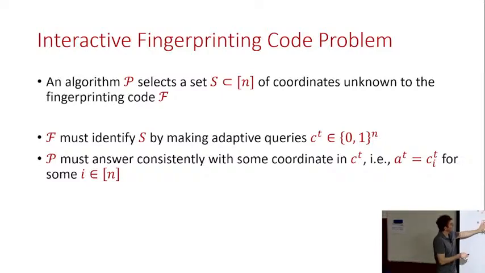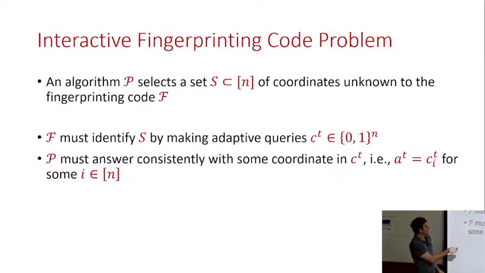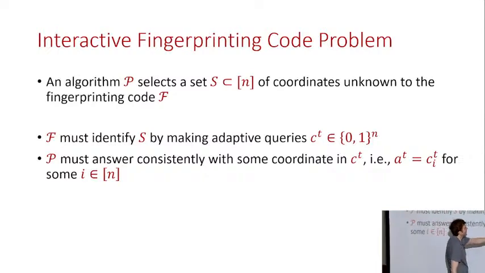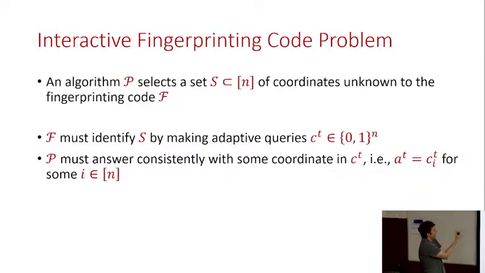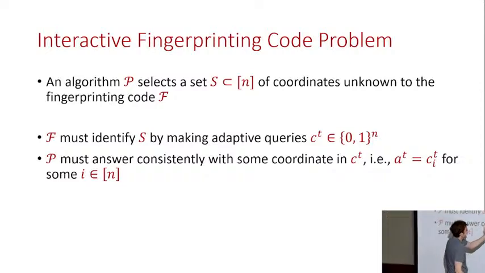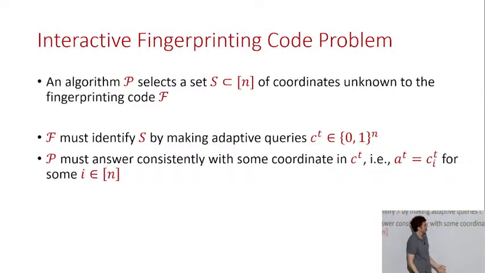P must answer consistently with some coordinate in C_t. It sounds almost trivial because as long as C_t has at least one 0 and at least one 1, it can output anything. Right? It just has to respond to this query, and we're just saying that its response has to be some bit in the actual query.